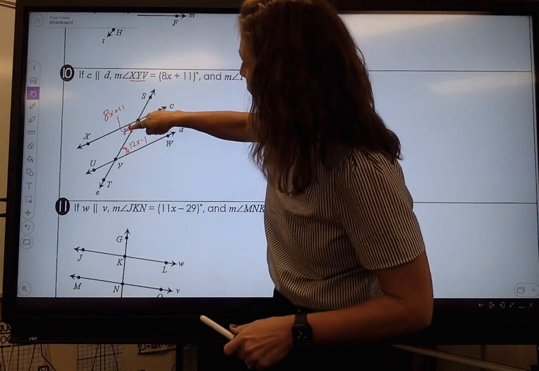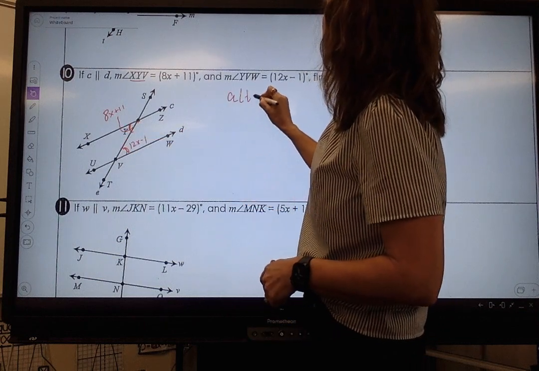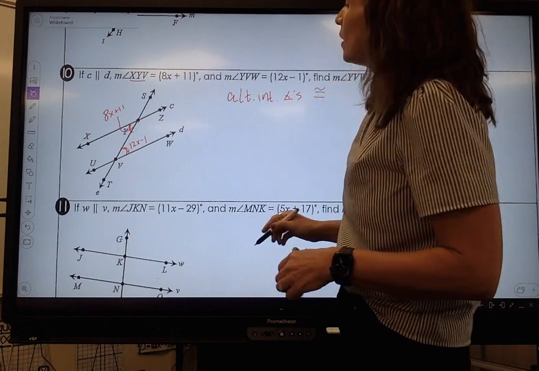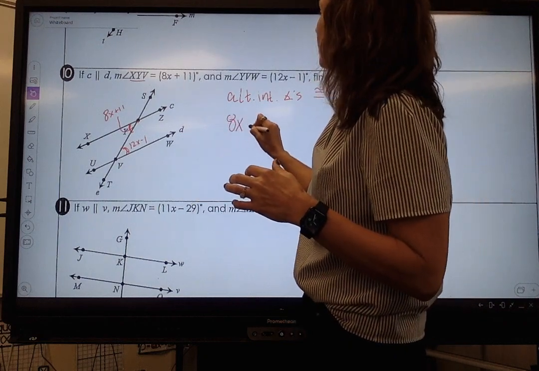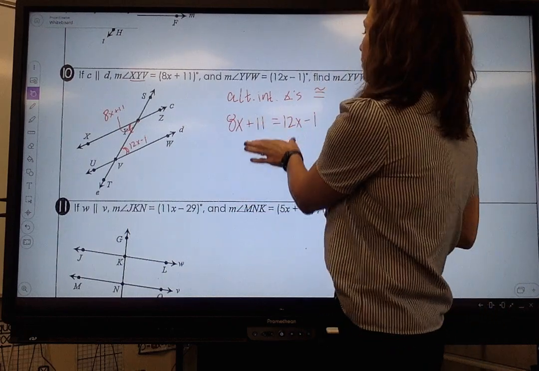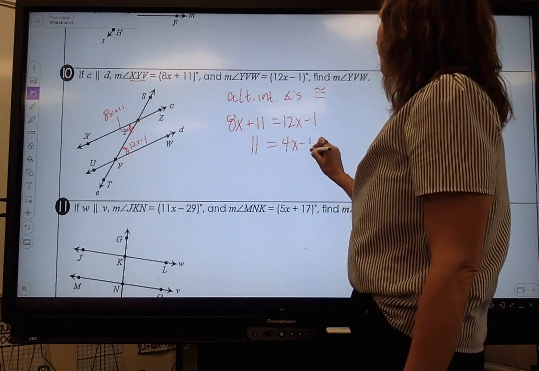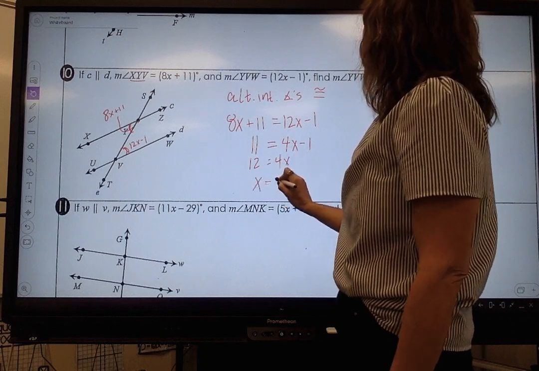What kind of angles are these? These are alternating interior angles, and alternating interior angles are congruent, so I'm going to set them equal to each other. So 8x plus 11 equals 12x minus 1. I'm going to subtract 8x on both sides. I'm going to add 1 to both sides, and I get x equals 3.